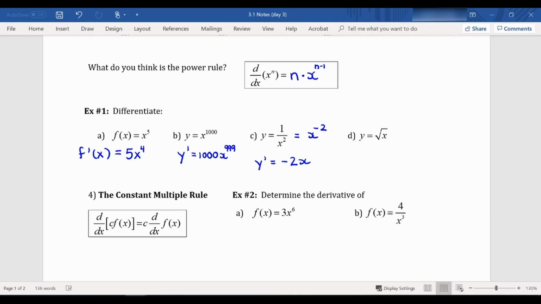Remember, when you reduce a negative by 1, this is going to become negative 3. Negative 2 minus 1 gives us negative 3. Then we can rewrite this as -2 over x cubed. Notice that the negative in the exponent is only being applied to the x, not to the -2.